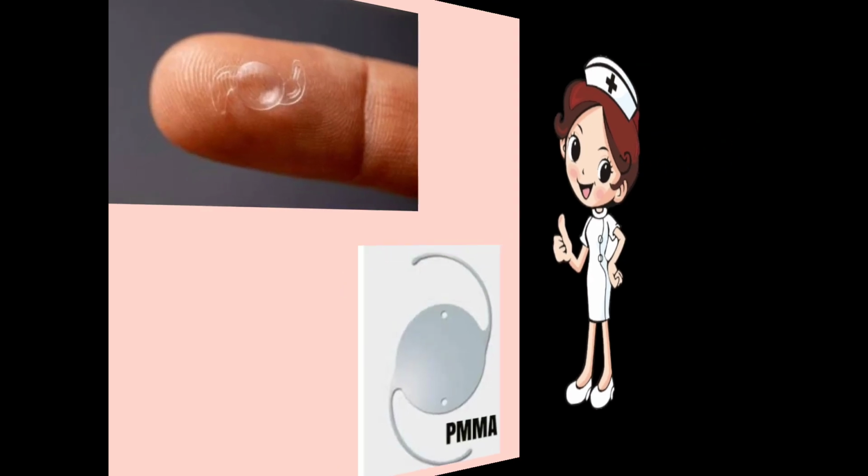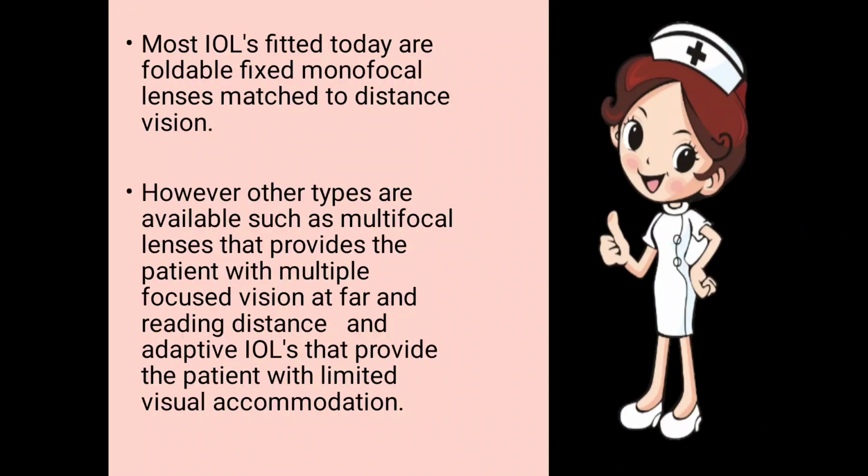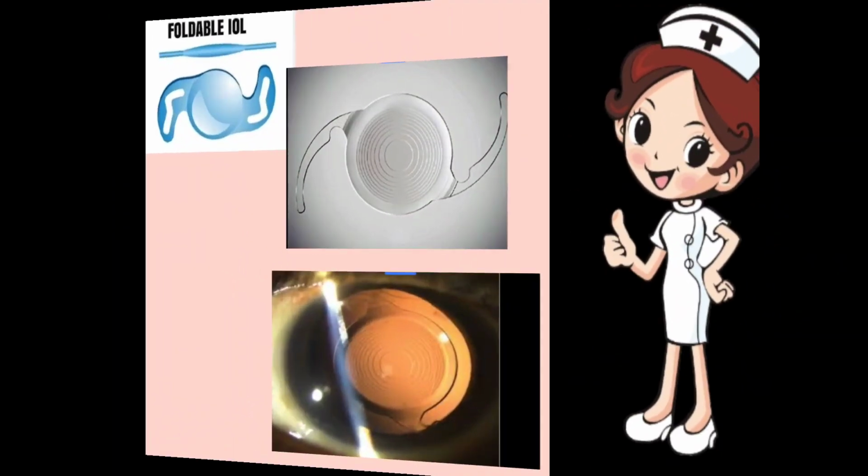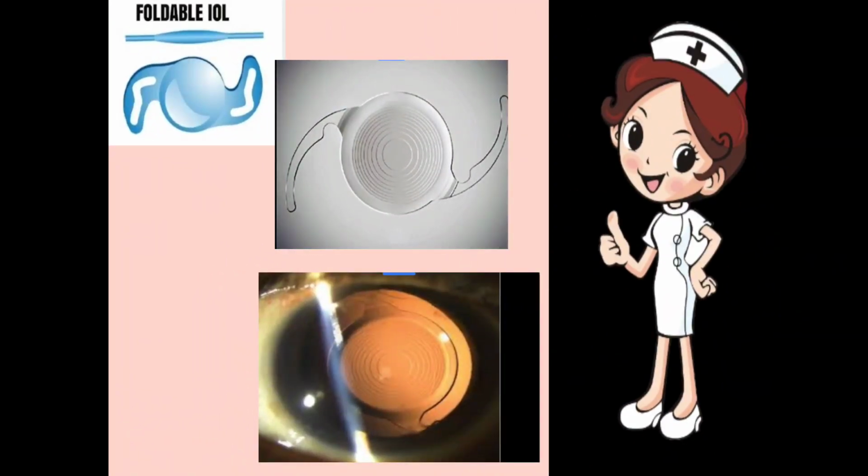Next one, most IOLs fitted today are foldable, fixed monofocal lenses matched to the distance vision. Now this one is the lens and in foldable condition it appears like this.